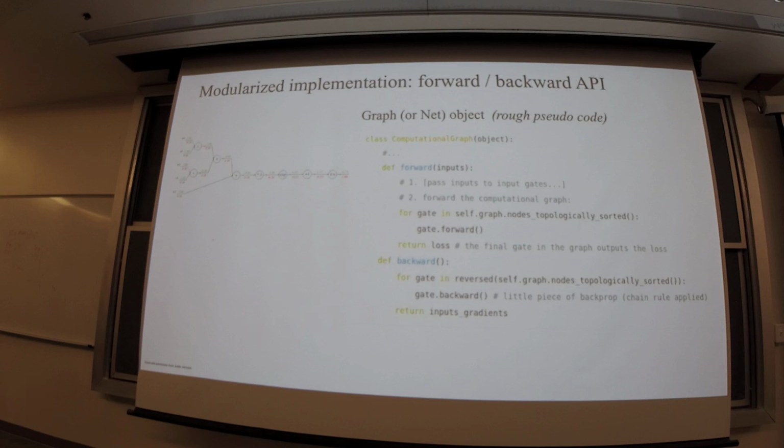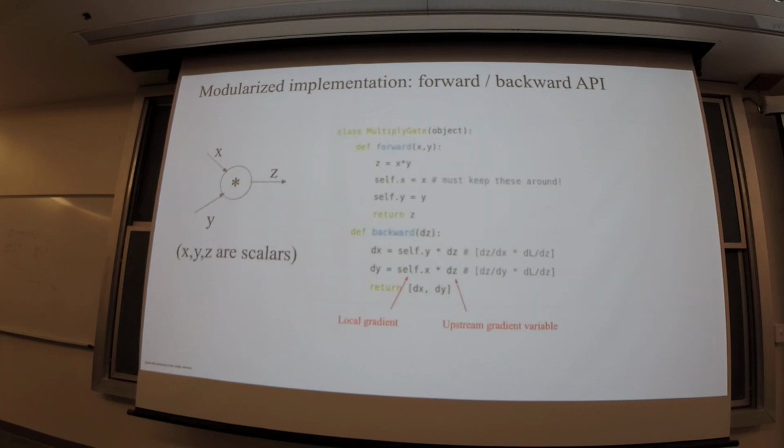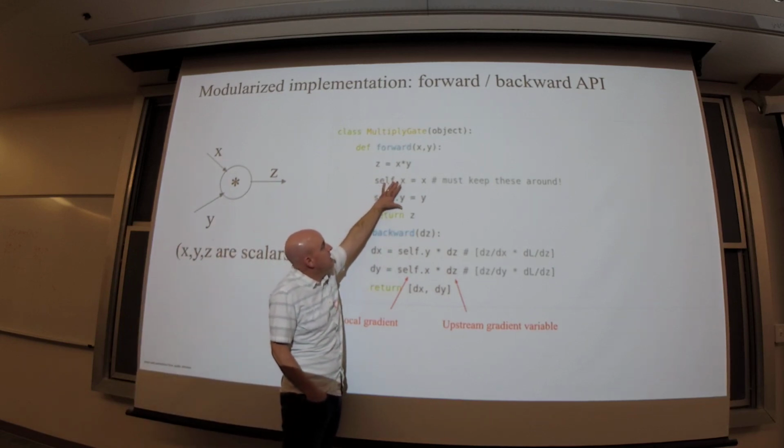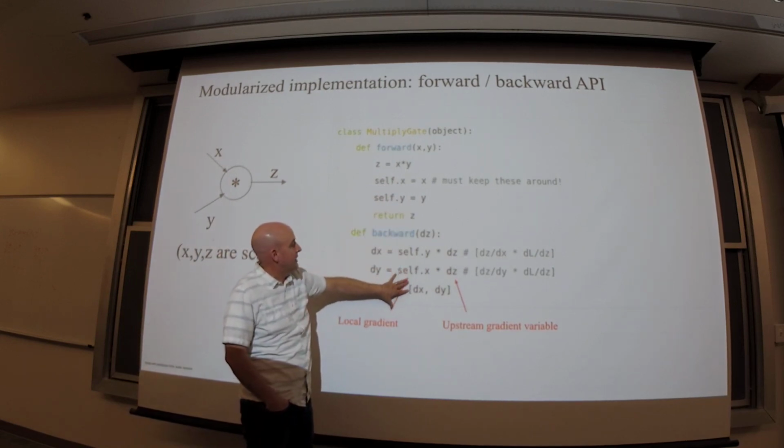So this might seem very complicated. In fact, if you started the homework, it might feel very complicated because this is what you're doing. You're basically doing these for all kinds of things. Here's a particular example for multiplication. The important part here is that when you do the forward pass, you're storing certain values that you need for when you do the backward pass.